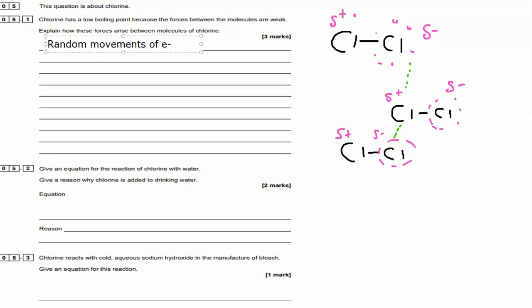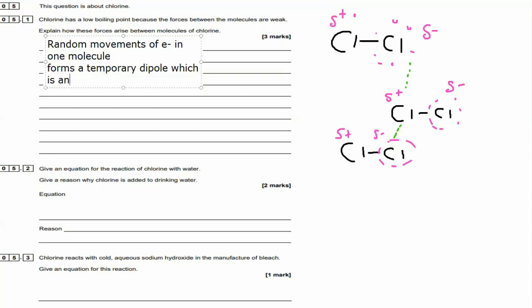This induces a dipole in the adjacent molecule, and so forth, and on and on, forming these weak intermolecular forces. So it's really this imbalance of electron density, or a temporary dipole.